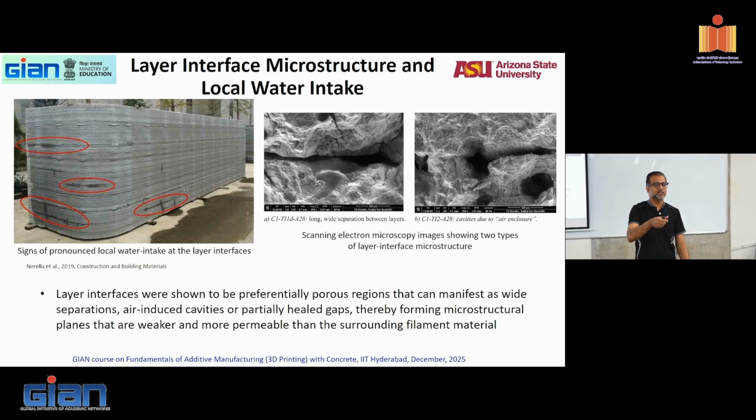Filament interfaces versus layer interfaces. You can do geometry, you can control geometry, you can reduce those interfaces. Like I said, vertical interfaces are very difficult to see with the naked eye, whereas in microscopy you can identify them, and as I showed you, you have about 5, 6, 10 times more porosity on the interfaces than in the local zones.